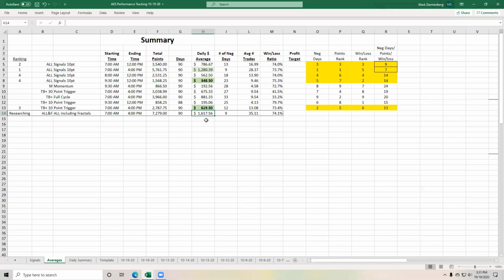And of course, we have an amazing set of tools called the Adaptive Entry System, which will help guide you into the trades and understand when to get in, when to lock in a profit, and when to exit the trade. And then we're here in the live trading room every day. Michael, Aaron, and myself, at least one of us is here every day helping you understand how to interpret the signals, how to best adjust so that you can lock in a profit, and how to optimize your performance.